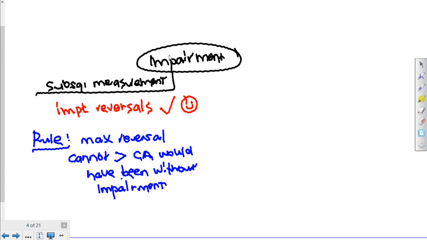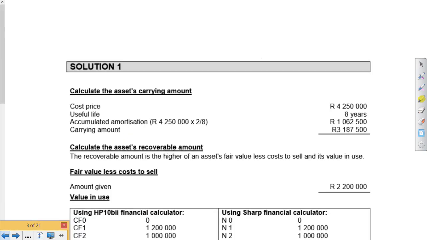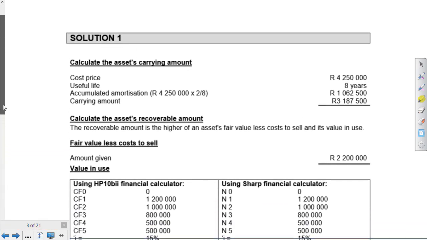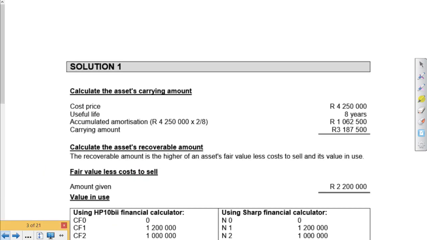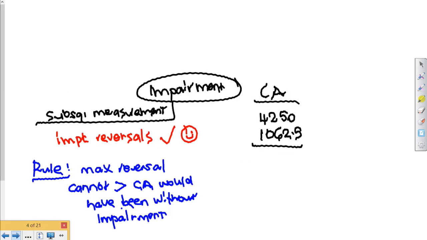So if I use the information in this previous question, then I'm going to let you practice one. If I use the information in the previous question, I had a carrying amount which was 4250. I had depreciation of, what was the amount? 1062.5. And then I was left with 3187.5.